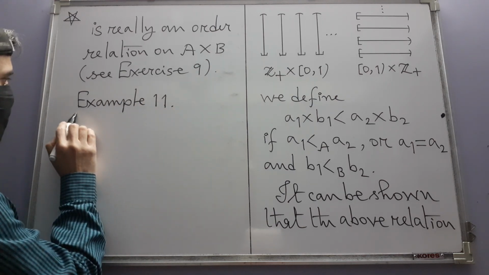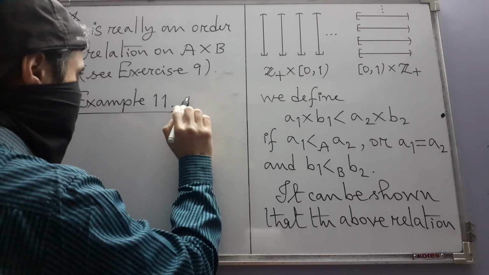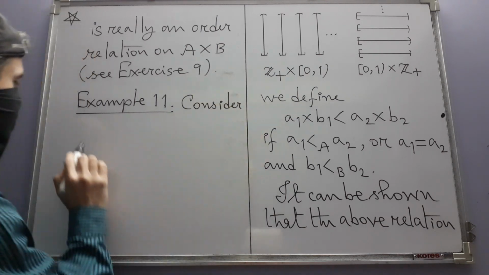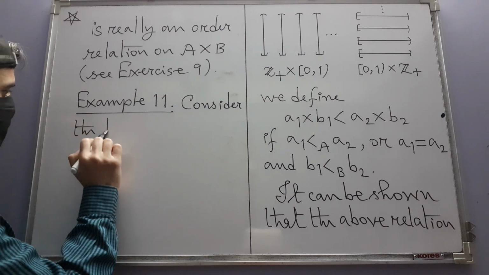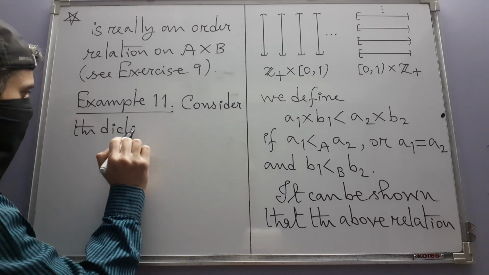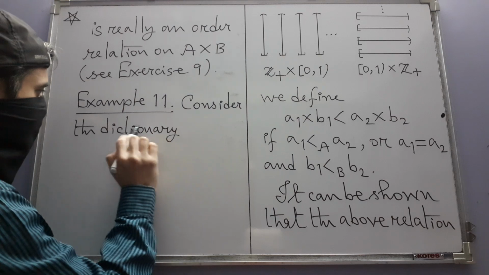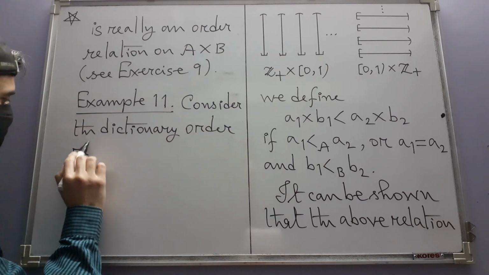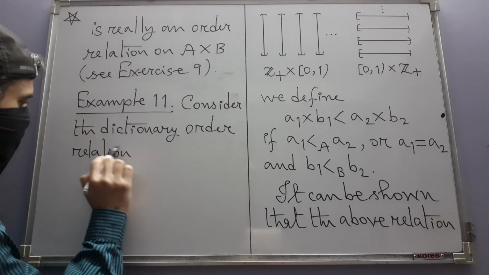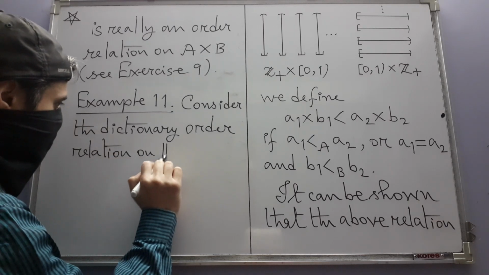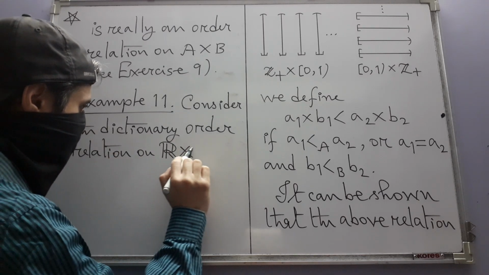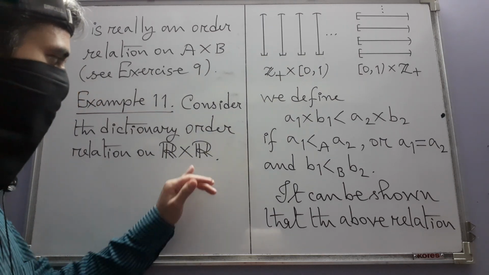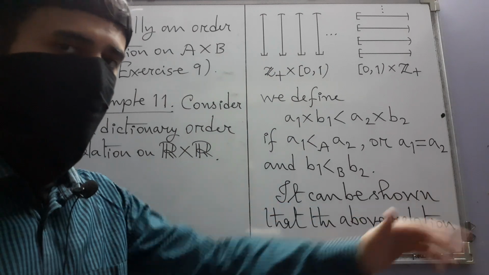Example 11. Consider the dictionary order relation on R times R, which we geometrically also identify with the plane.